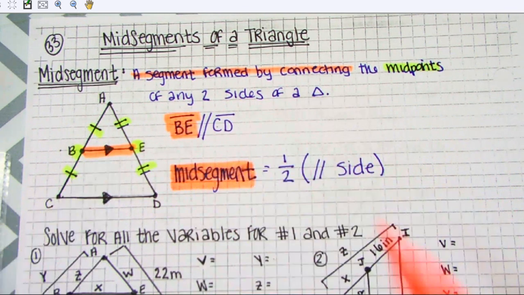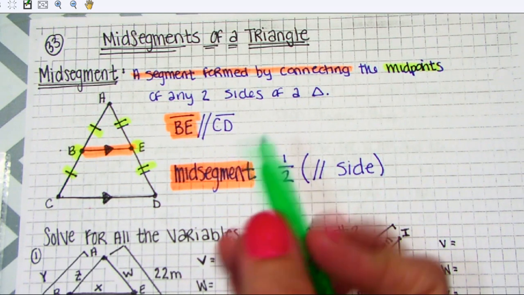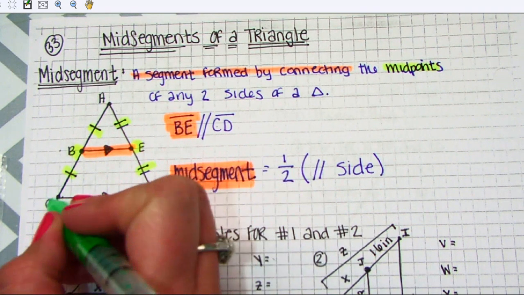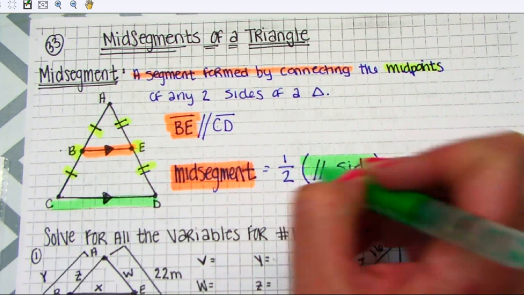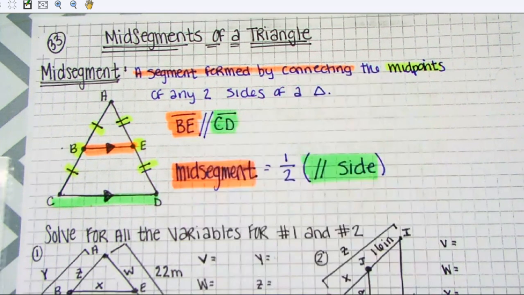Notice down below that there's variables and stuff in there. We're going to be solving equations. So the midsegment is half of the measurement of the side it's parallel to, which in this case is CD. So our midsegment measure is half of the measure that it's parallel to.